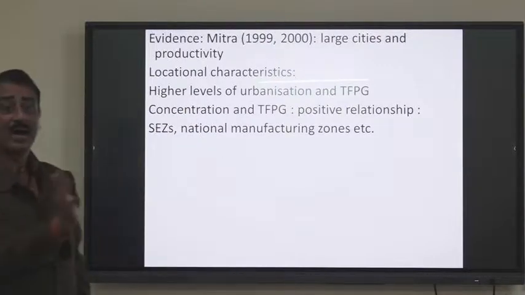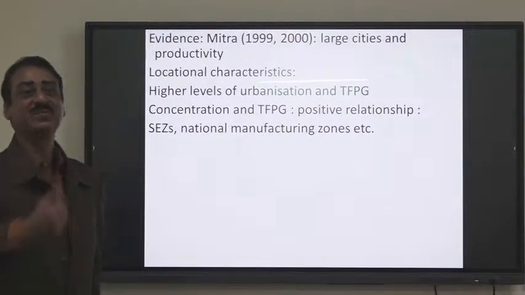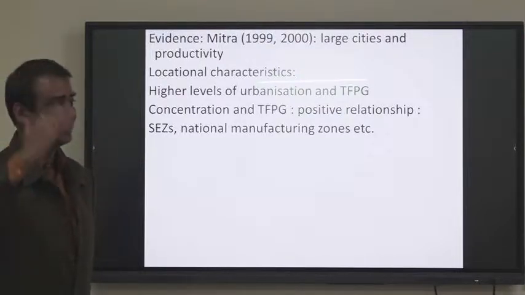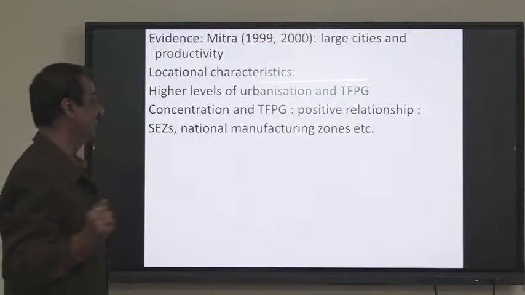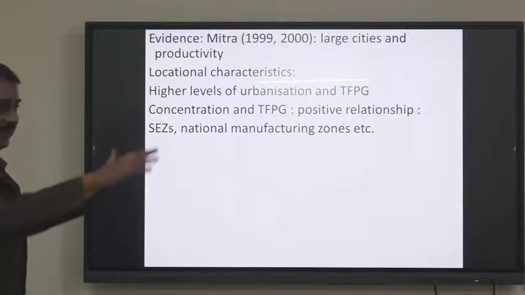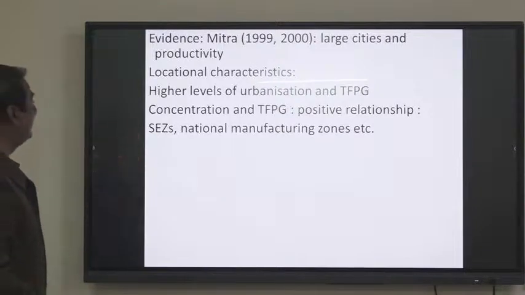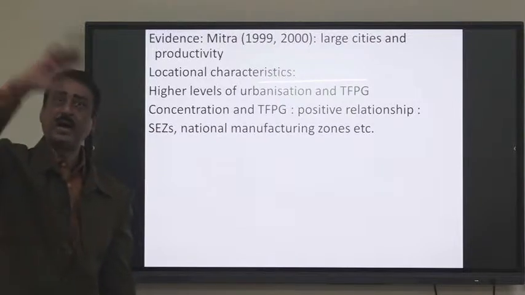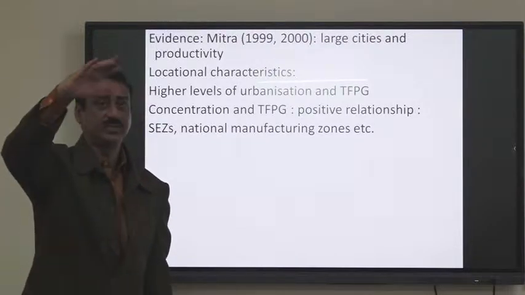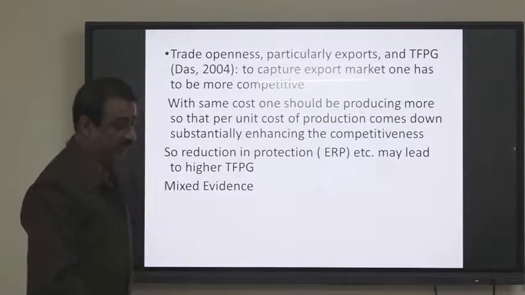That is how we were able to see that Western India progressed in terms of industrialization at a much faster rate compared to any other. Though to begin with, most of these areas, South, Tamil Nadu, West Bengal and Maharashtra, all three were taken. So with higher levels of urbanization, TFPG goes up. There is a positive relationship, but beyond a certain point, it starts tapering off.